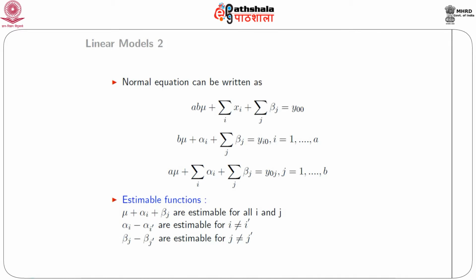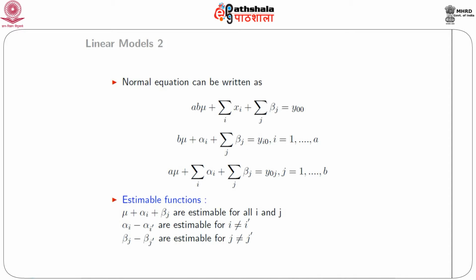Now, normal equations can be written in a matrix notation which looks very neat, or if you want to make it look messier and more confusing, you can write them out using scalar notation, where you are not using any matrix, but explicitly writing the sums. So, a b mu plus summation alpha I plus summation beta j equal to y 0 0, and b mu plus alpha I plus summation beta j equal to y I 0, I from 1 to a.